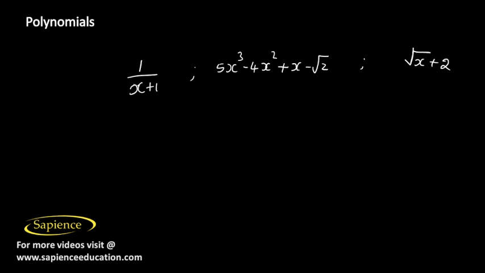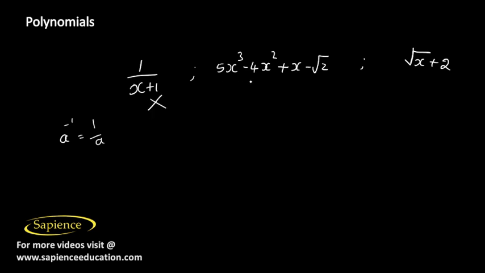The first condition is the coefficient of variable should be real number, so it satisfies. The coefficient of x here is 1, a real number. But the second condition, the exponent should be a whole number, but in this case the exponent of x will be minus 1 because x is in the denominator. We know that a to the power minus 1 is 1 by a, and x is of that form. So the exponent of x here is not a whole number. Hence this is not a polynomial.